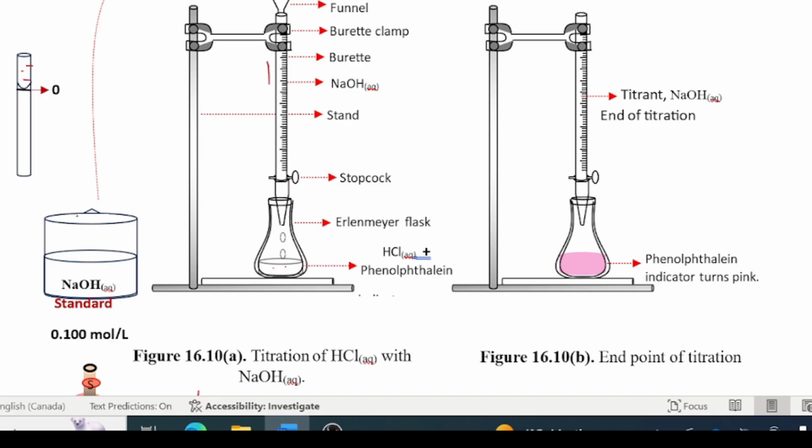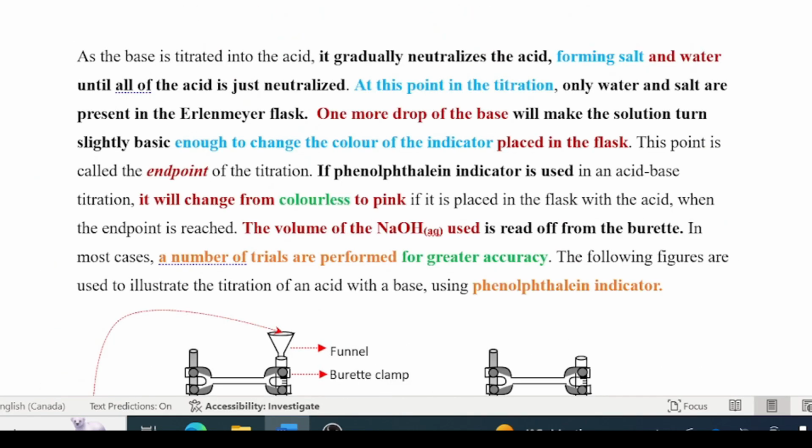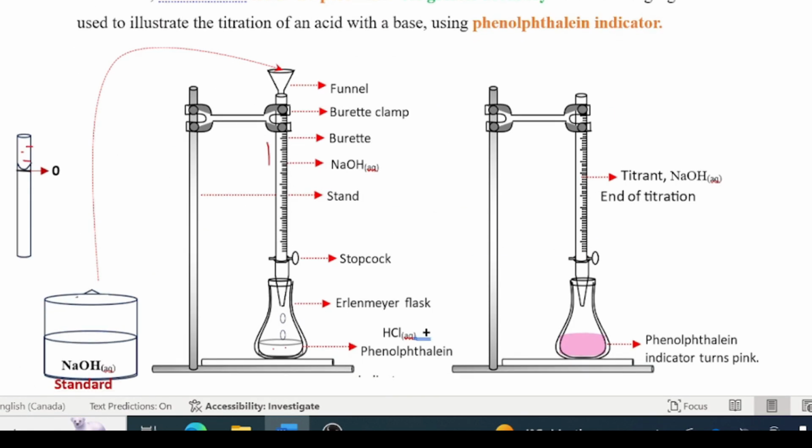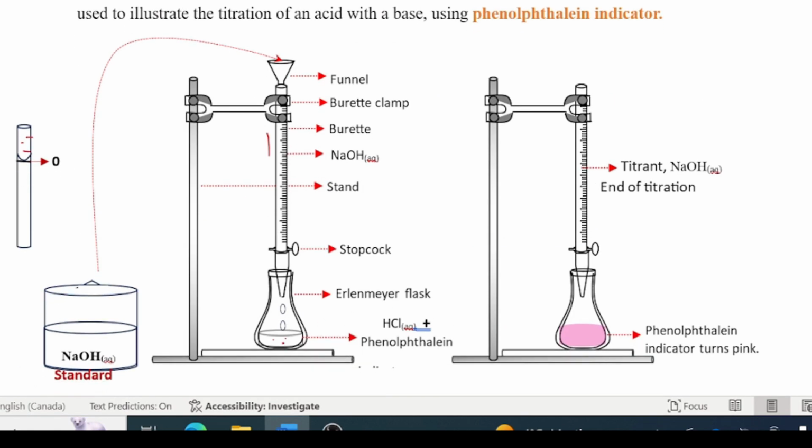Then you will start to titrate. As you gradually release the sodium hydroxide, you will be forming inside here some sodium chloride and water. Gradually, all your HCl will be neutralized by the incoming sodium hydroxide that you're titrating here.